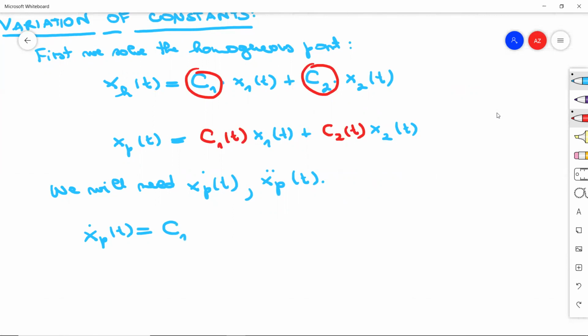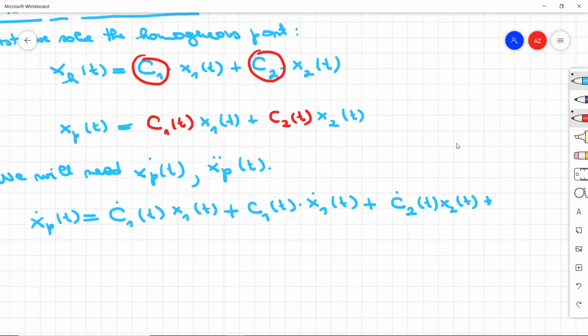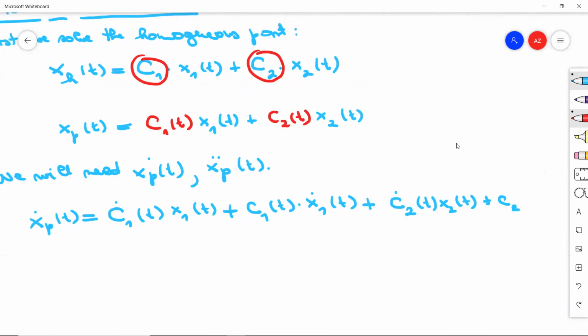So we differentiate C1 and rewrite x1, and then we rewrite C1 and differentiate x1. And the same for C2. So we get here 4 terms.